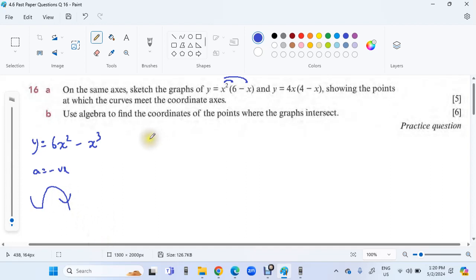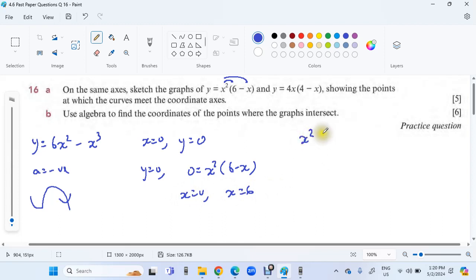When x equal to 0, then y equal to 0. When y equal to 0, then we have 0 equal to x squared times 6 minus x. Then we have x equal to 0 and x equal to 6.